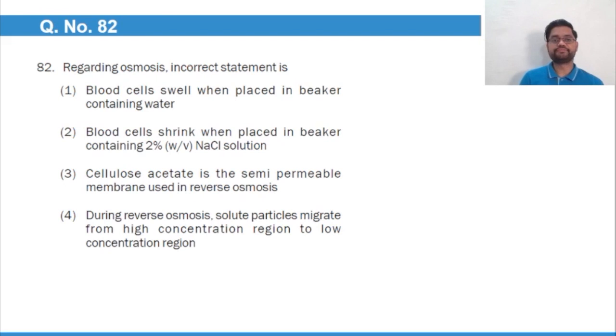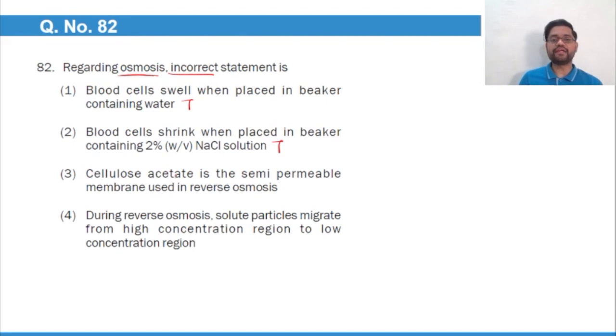Regarding osmosis, the incorrect statement is: blood cell swells when placed in a beaker containing water. We need the correct statement, so this is true. Blood cell shrinks when placed in a beaker containing 2% weight by volume NaCl solution. That is also true. Clear? We are talking about osmosis, lower concentration to higher concentration.